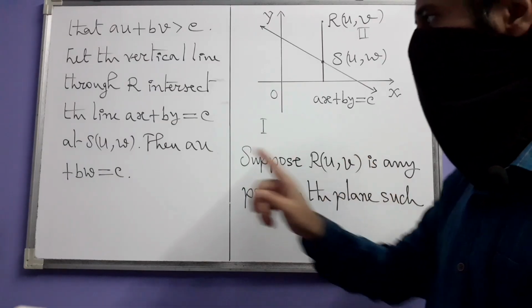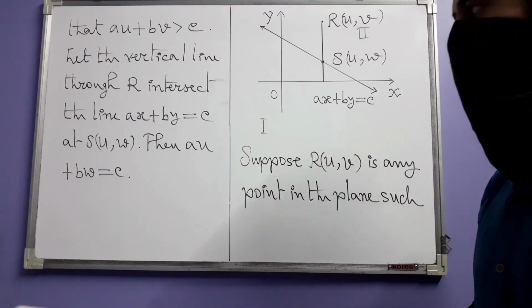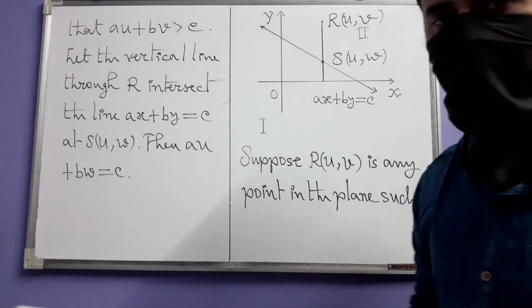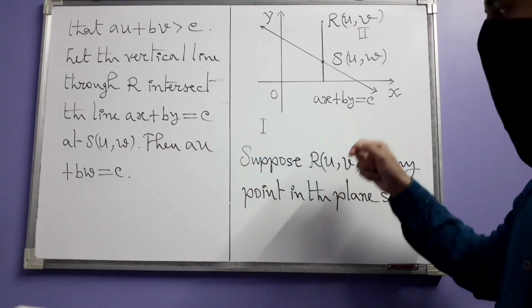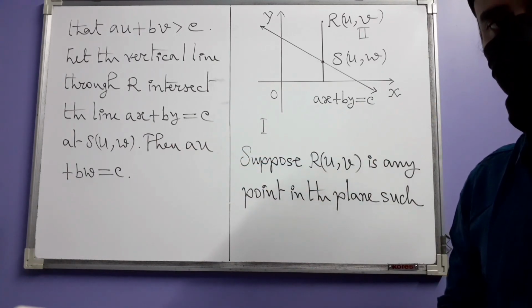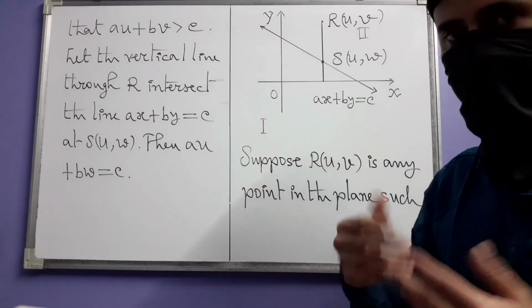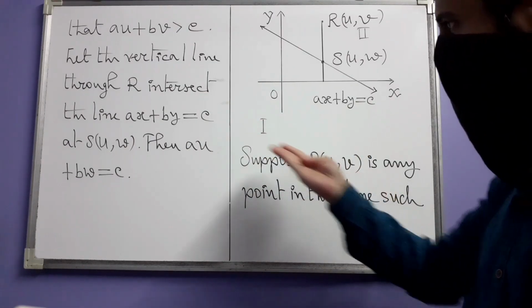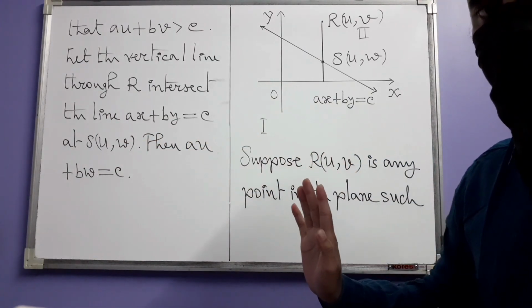Let that point of intersection be S (u, w). Why do the coordinates of S look like this? That is because S lies on that same vertical line on which R is also a point. So the x coordinates of R and S would be the same. So here it is u, there also it will be u. But the y coordinate is possibly something else, say w.